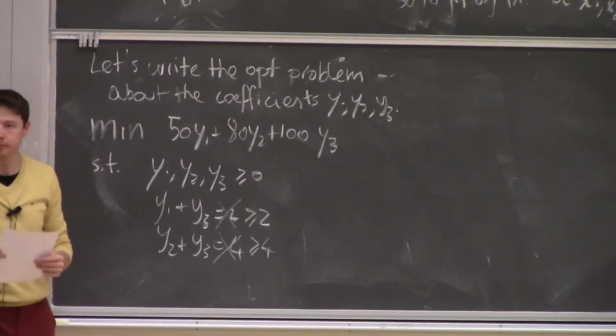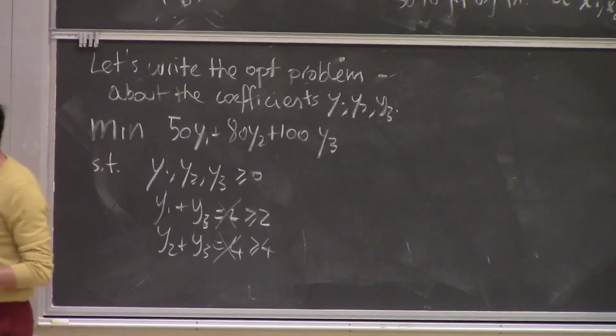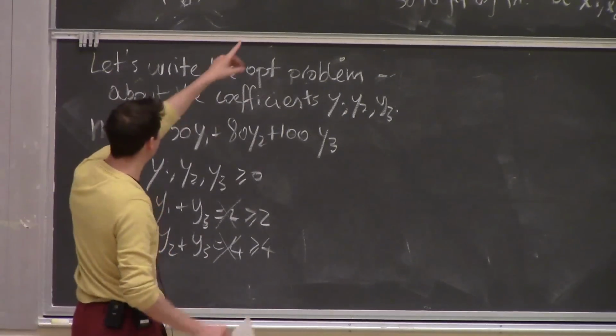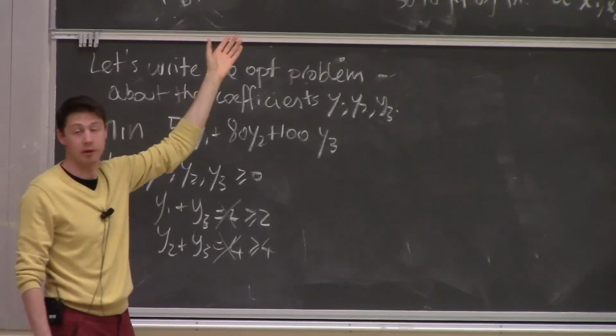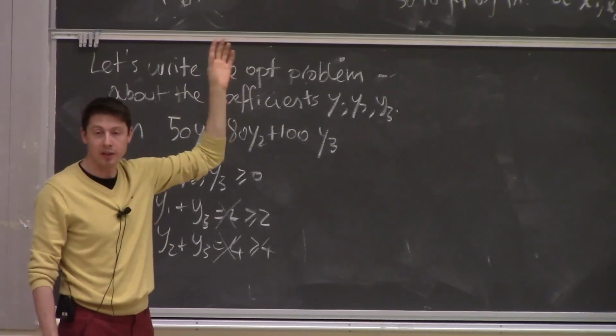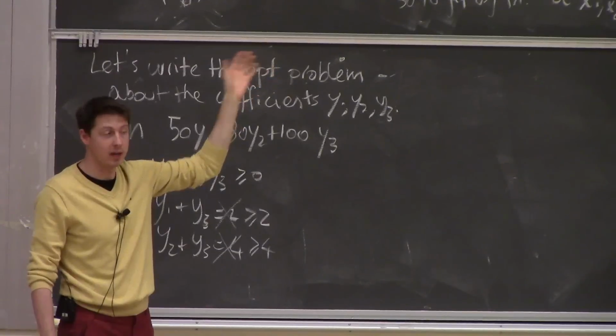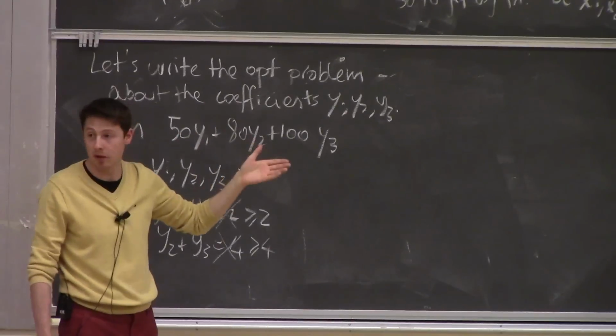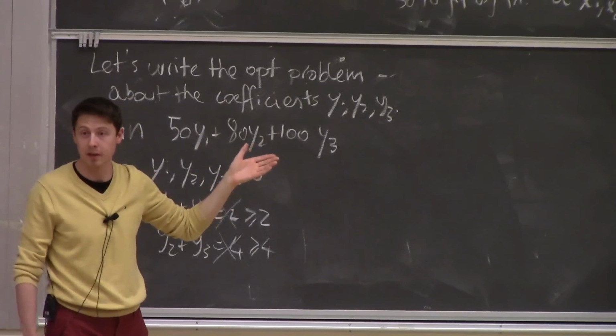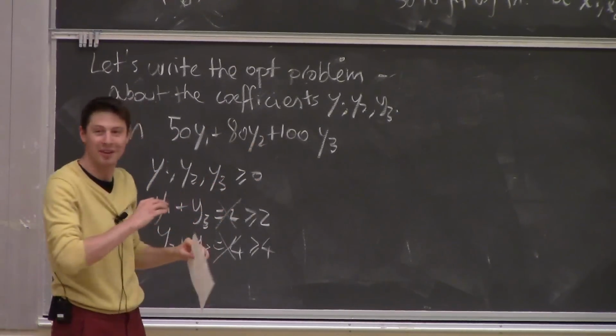Yes? It is related because up there, y1 plus y3 is multiplied by x1, right? So if x1 were to be negative and I increase the coefficient that it is multiplied by, I get something smaller than the objective function, not bigger. So I have to stay to the right.